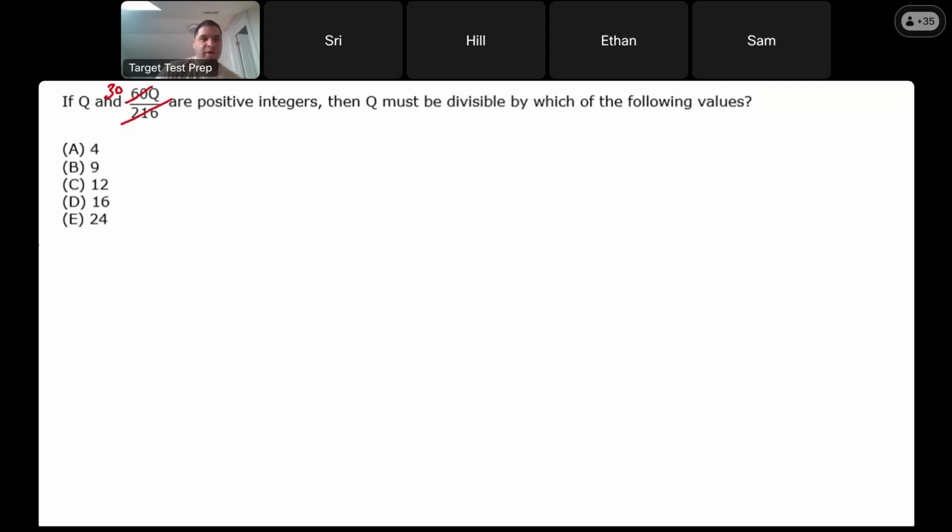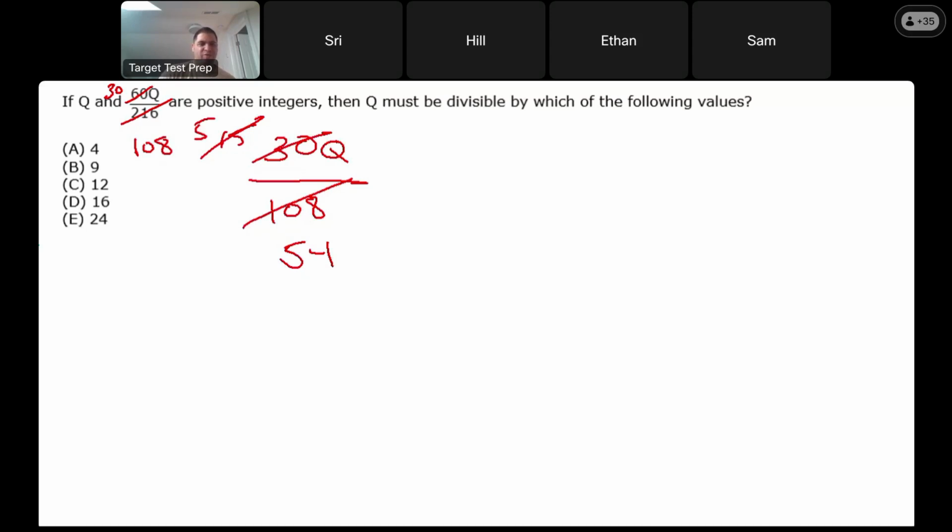And again, this is more me reducing the way that I think is most efficient. Then you get 108. So that's 30Q over 108. You can do the same thing. That becomes 15 over 54, right? And then I'm pretty sure, yeah, 3 goes into 15 5 times, 3 goes into 54 18 times, and that's it. 5Q over 18.